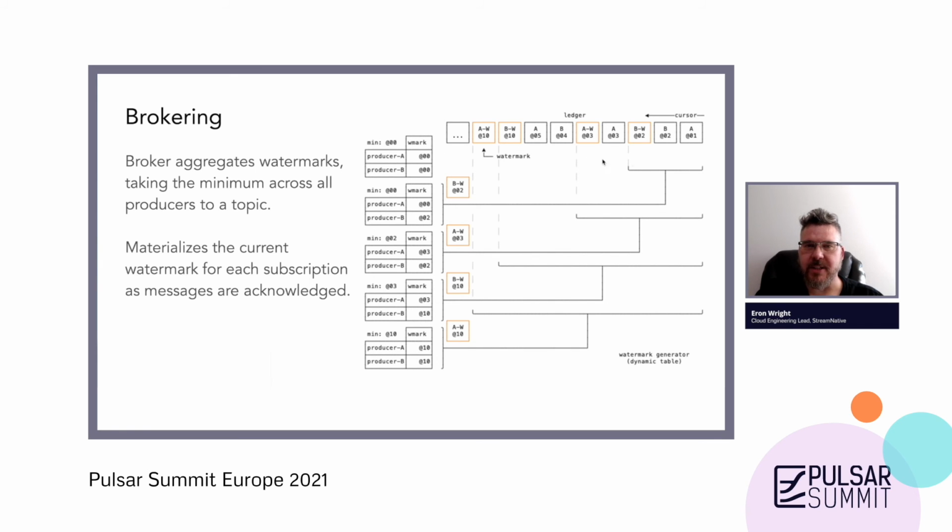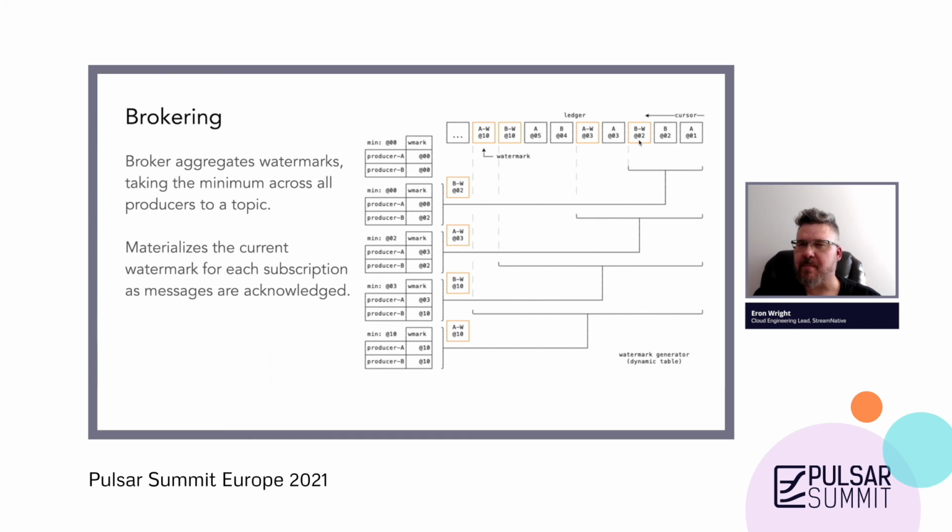Imagine we have a ledger and a cursor that is advancing through this ledger from right to left. It encounters a message from producer A with timestamp 1, from producer B with timestamp 2, and then it encounters a watermark from producer B. Producer B has indicated that all events up to timestamp 2 have been produced.